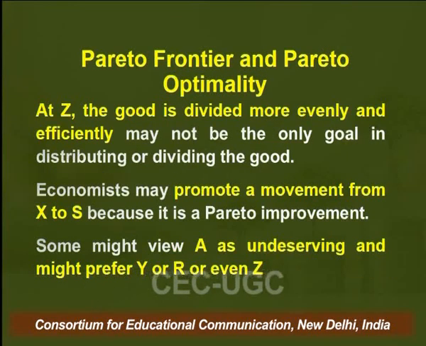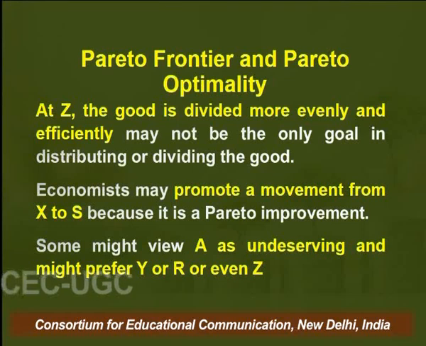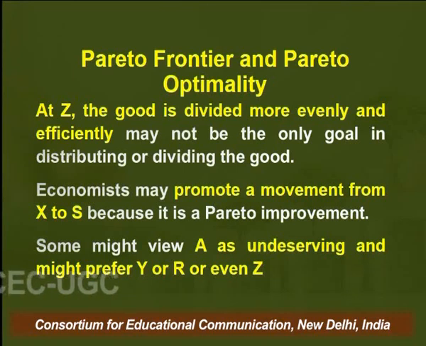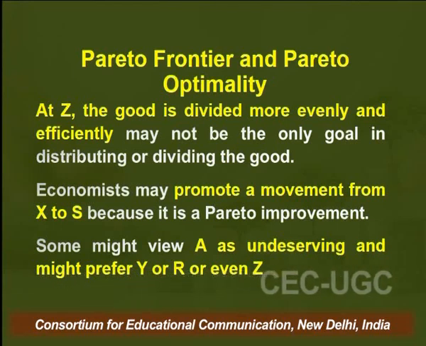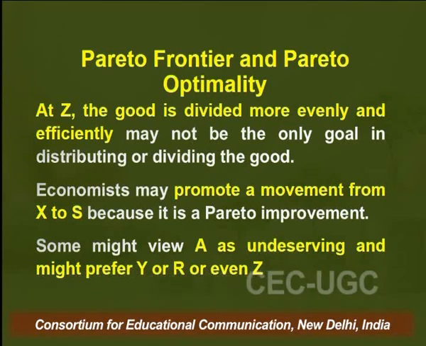At Z, the good is divided more evenly, but dividing the good equally may not be the goal of the economy. The main objective of the economy may not be to reach Z. The economy is more concerned about Pareto optimality, not attaining an equitable distribution.